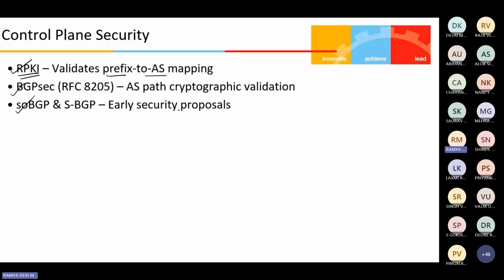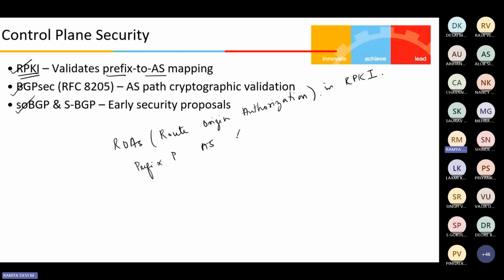The resource holders will create ROAs, that is, route origin authorizations, with the help of RPKI. Say, for example, I'm taking prefix P, which may be originated from autonomous system number X. This will have the maximum length of L.